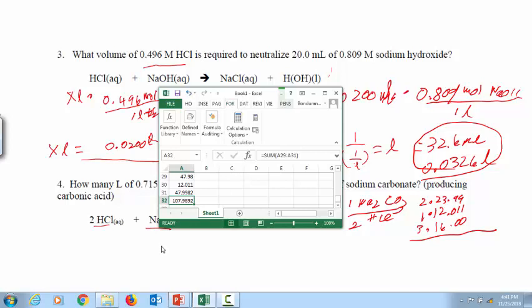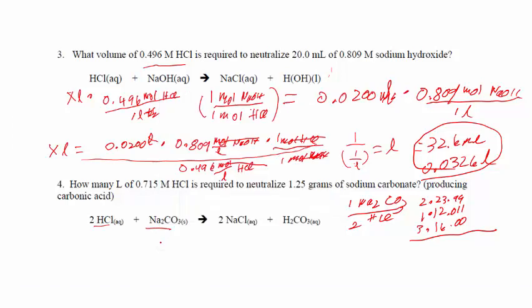And it looks like that's about as far as we can go. So this is 107.99 grams per mole. Good. And now we take 0.715.